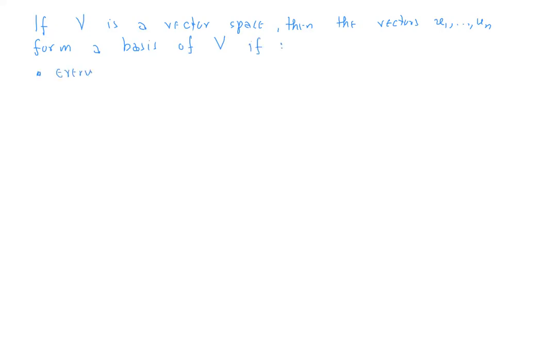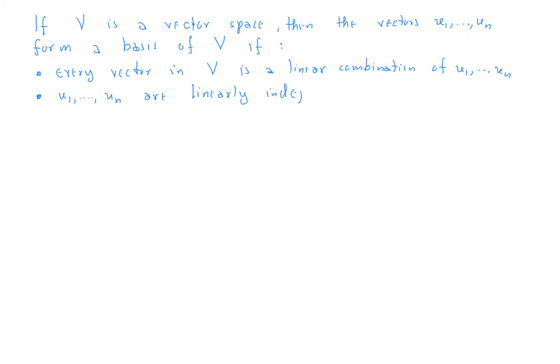First, every vector in V is a linear combination of u1 up to un. And secondly, u1 up to un are linearly independent. So this is the definition of what it means to have a basis.